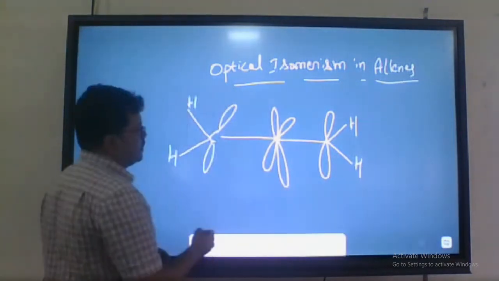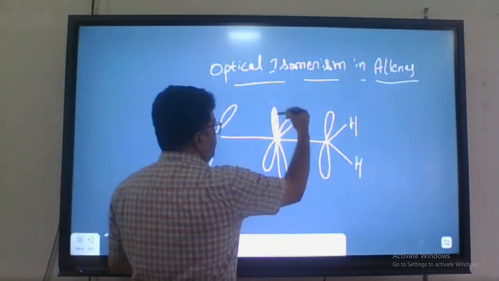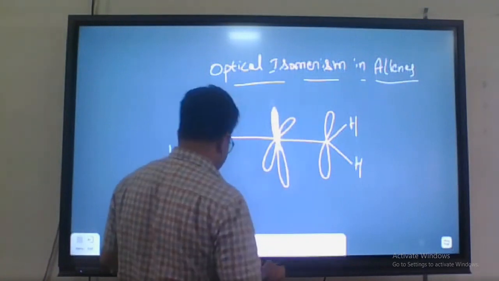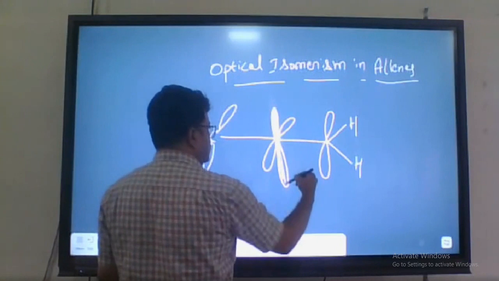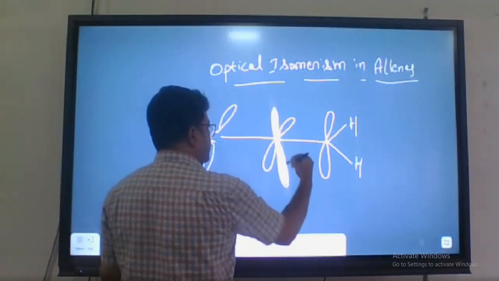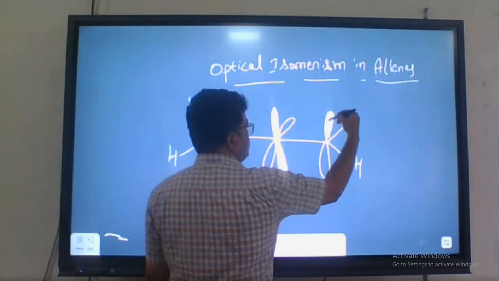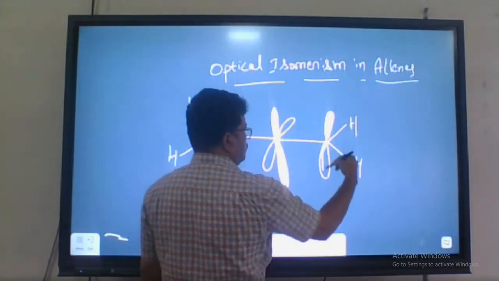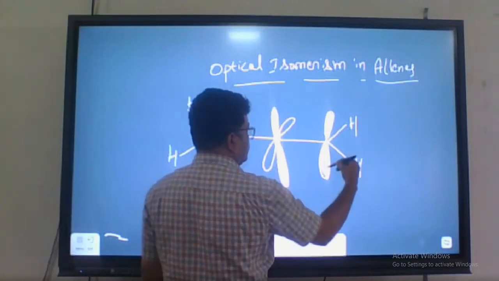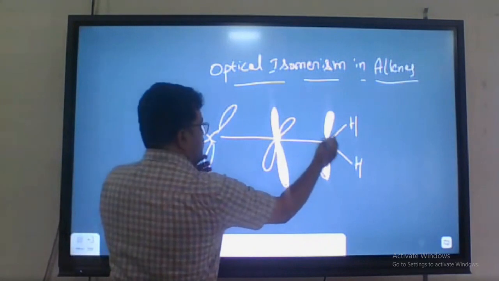This one has a p orbital and this one has a p orbital. So this is also carbon and this is carbon.